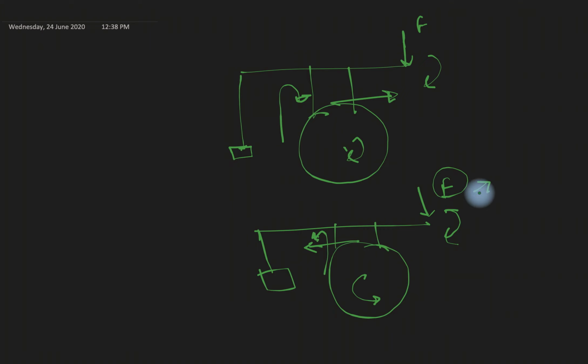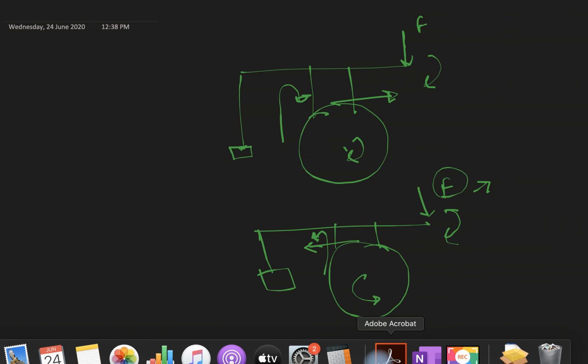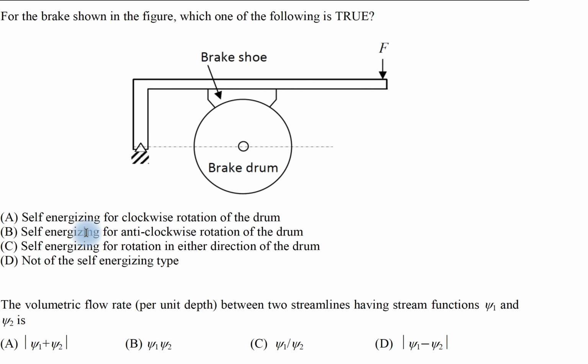So this is not the condition for self-energizing. Self-energizing for anti-clockwise rotation of the drum is wrong. Self-energizing for rotation in either direction is also wrong, because only for one direction it will be self-energizing.